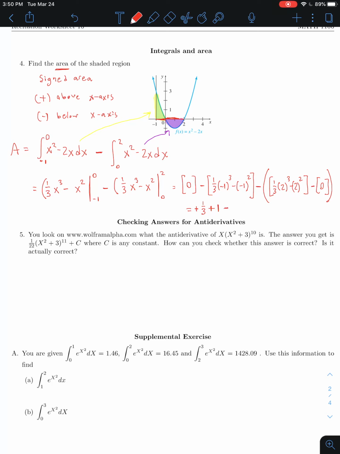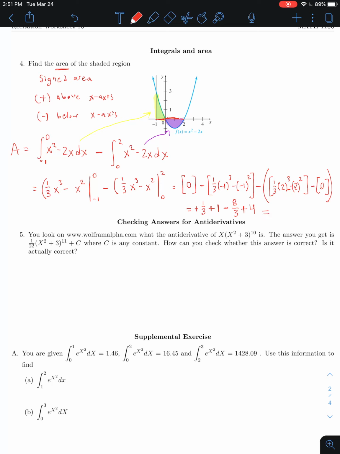And then we have minus, and then 2 cubed is 8, divided by 3 is 8/3. And we have minus a minus, which is a plus. And we have 2 squared. Hold on 1 second. We need to have another minus sign here. -2 squared gives us 4.